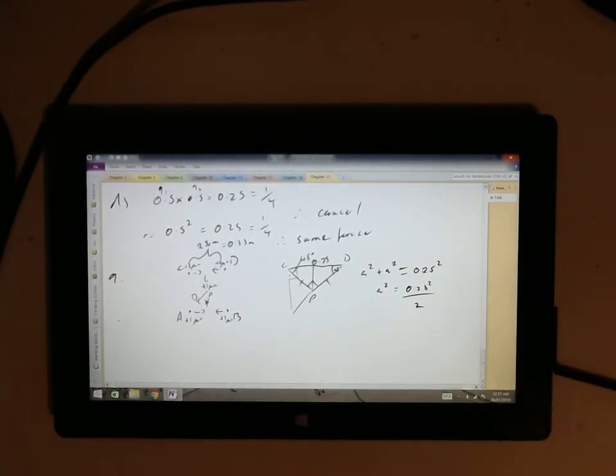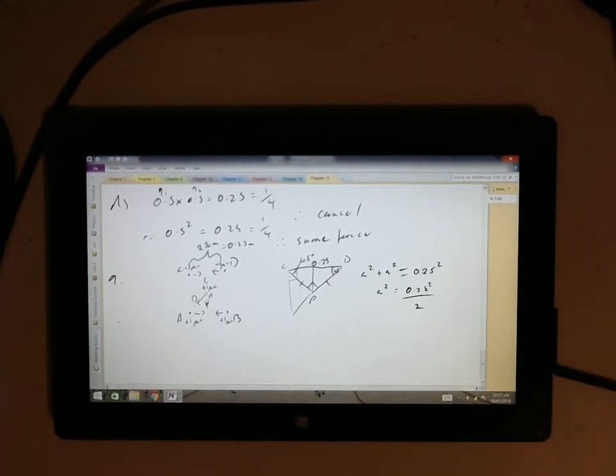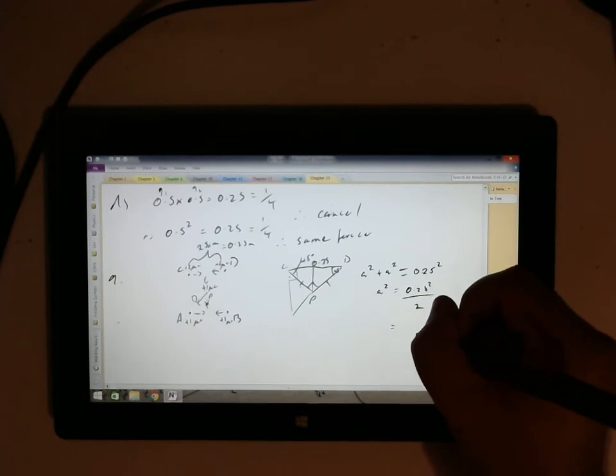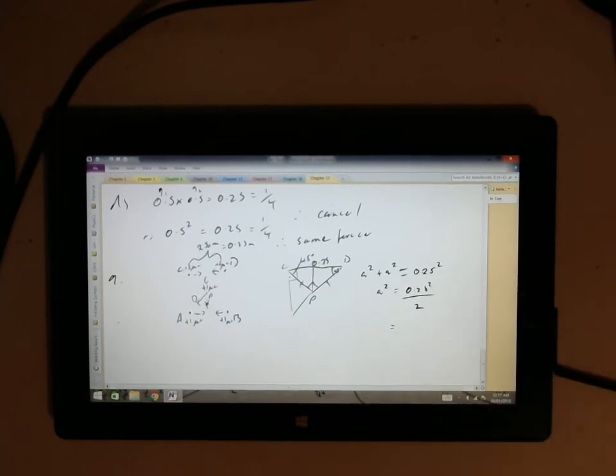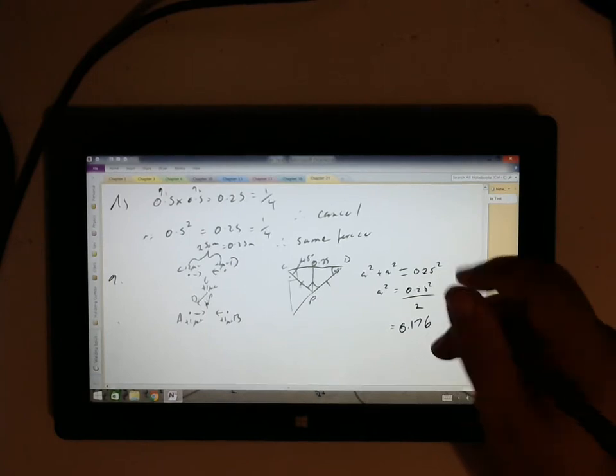Let's calculate that. 0.25 squared over 2 equals, and I need the square root of that. 0.176. No, 177.